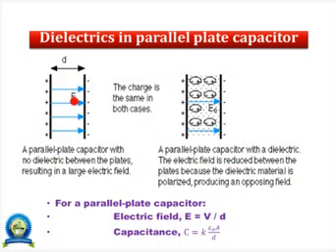Now, just take a look at this. This is a parallel plate capacitor. This is positively charged plates, negatively charged plates. These are the lines of electric field that is set up within these plates with no dielectric material between the plates. And this is the distance separating these two plates. Is that okay?